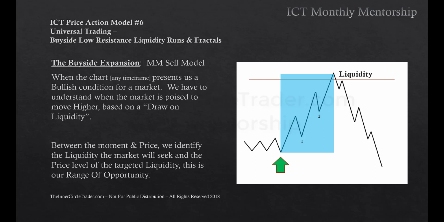If this were a daily chart, this could be the setup that takes place over 1 or 2 days. So these impulses from point number 1 up to the high between point number 1 and 2 may be 1 or 2 days to transpire. And then we have a retracement of 1 day, and then the weekly expansion continues, and we get the high of the week as it reaches into that liquidity pool.